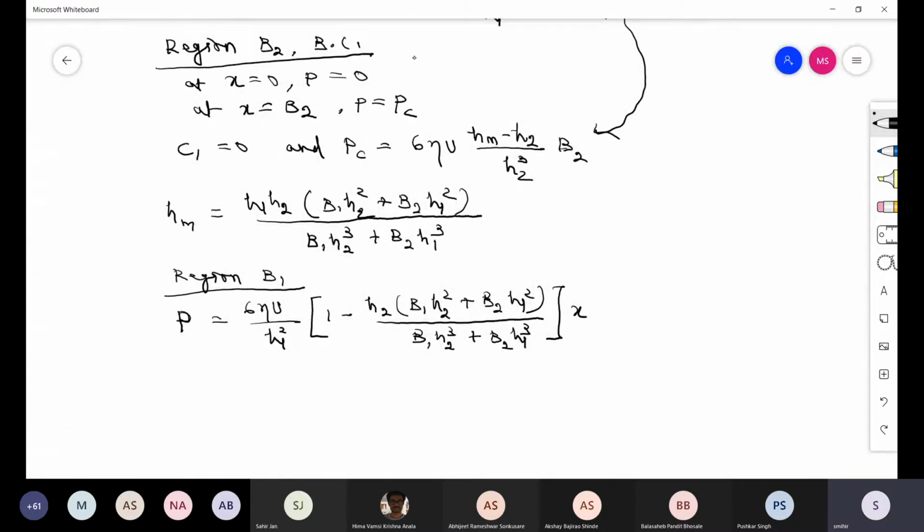Similarly, you will get the pressure equation over the region B2.